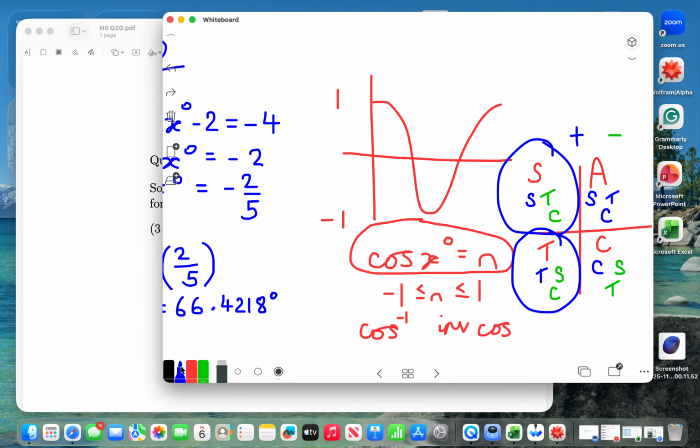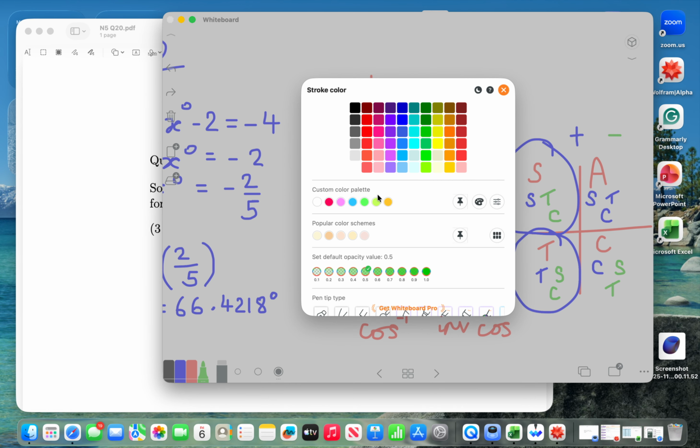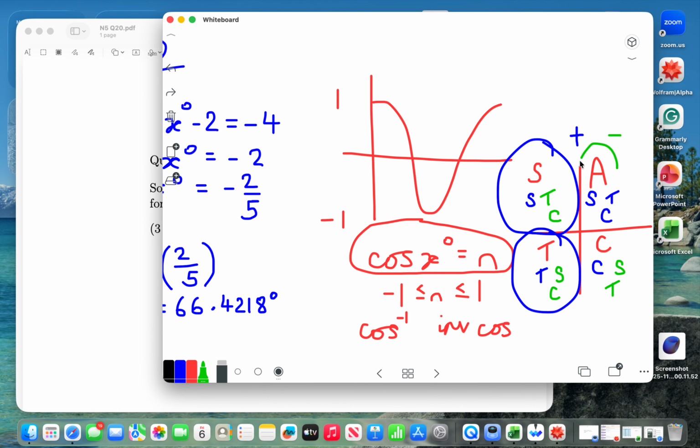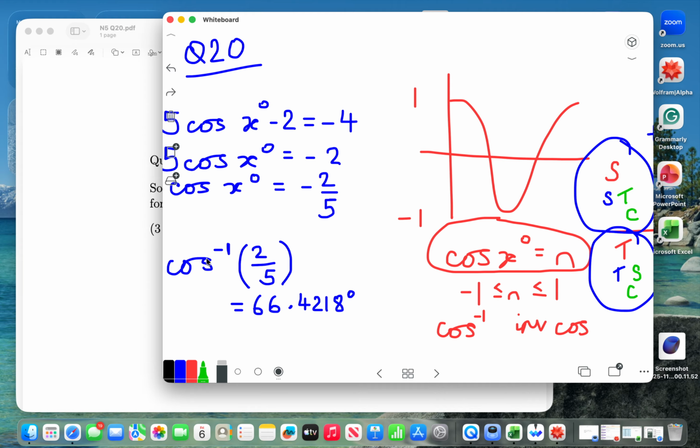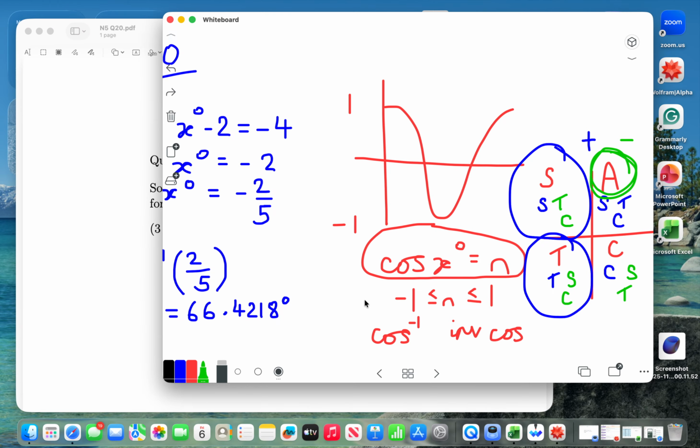In this quadrant, the quadrant labelled A, the angle will be just the angle that the calculator gave you, so 66.4218.